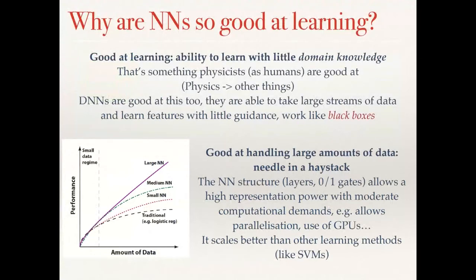Now, convolutional neural networks are extremely good in computer vision tasks, and there are other neural networks that are specialized on human speech, and neural networks that are specialized on time series or time evolution of systems. There are neural networks for many tasks that are quite complicated and that make them very good at learning. Why are they learning well? It's because neural networks are able to learn from data with little domain knowledge.